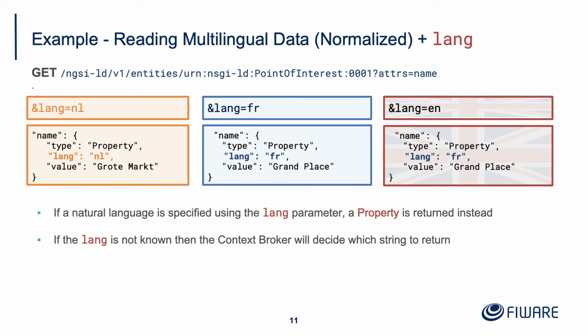If you specify a language which is not supported, so for example, in this case, we're asking for lang EN, English, then the context broker can decide which string to return. And in this particular case, it's returned it in French, but it tells you it's returned it in French, saying, I can't support English in particular, but here's the name of the system in a language you're likely to understand.